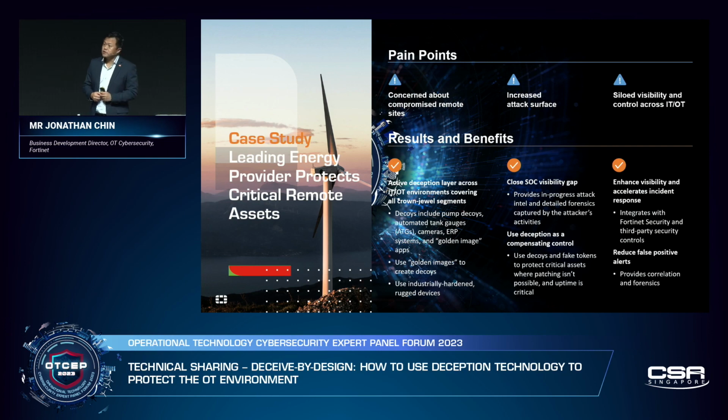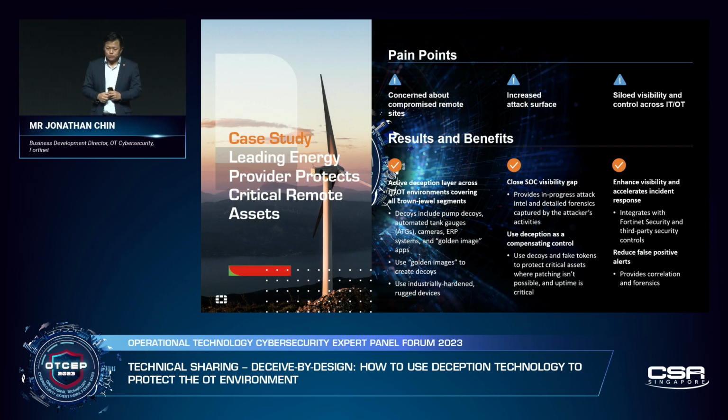Those decoys included pumps, automated tank gauges, cameras, physical security, ERP systems for payment, and golden images. We can feed golden images to create decoys. In this case, they needed industrial ruggedized devices. Deception can come in a few forms and factors: a ruggedized system, a VM, or a server-grade appliance.